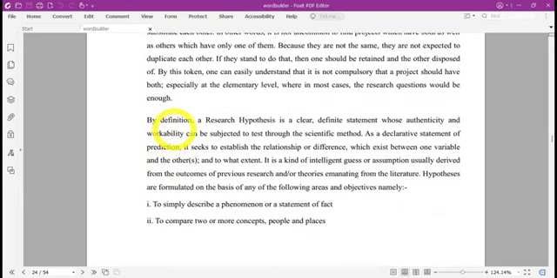By definition, a research hypothesis is a clear, definite statement whose authenticity and workability can be subjected to test through a scientific method. If you remember, we talked about this before, I think in the first or second lecture, where we compared hypothesis to research questions.